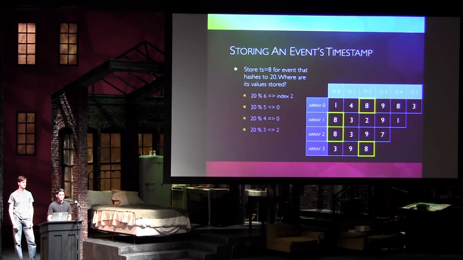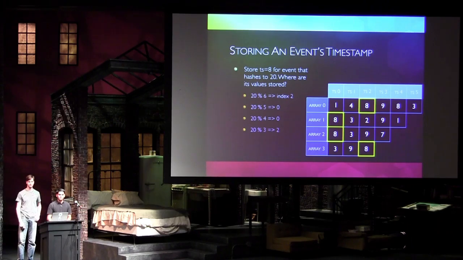In reality, our arrays are on the order of a few thousand cells. So for example, consider we have a category that hashes to 20, and we're storing the timestamp 8. In this case, it will hash to the indices 2, 0, 0, and 2. For each cell, when we're updating the last seen timestamp, we set each cell to 8.